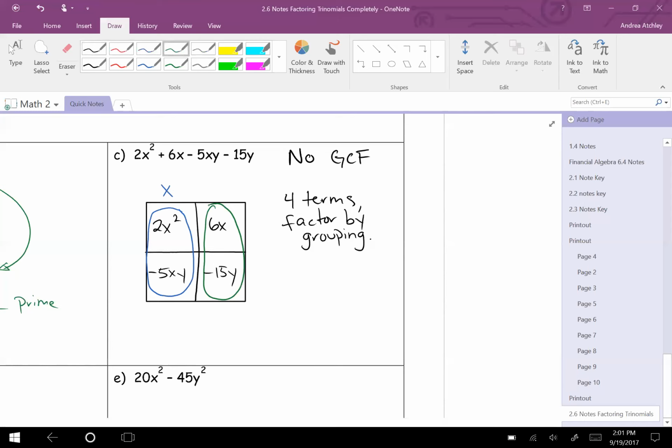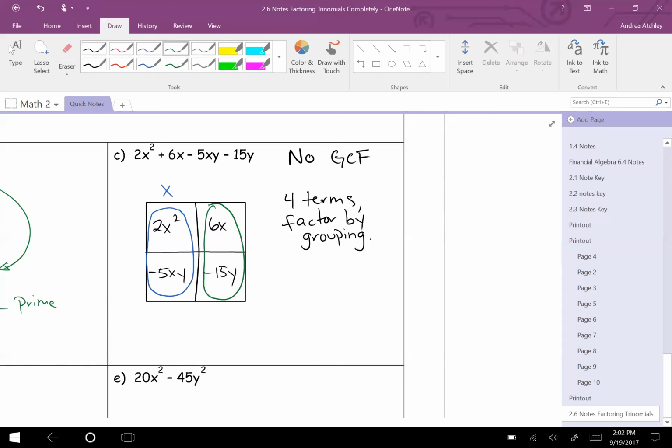Michelle, what can they both be divided by? The 6x and the negative 15y. Can they be divided by 2?